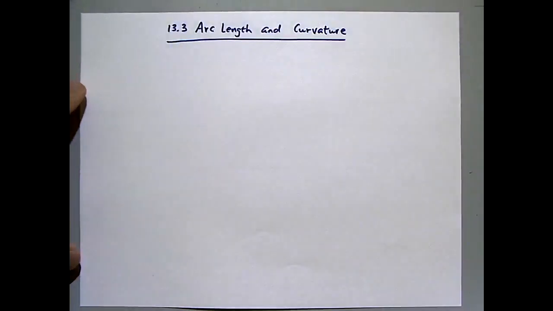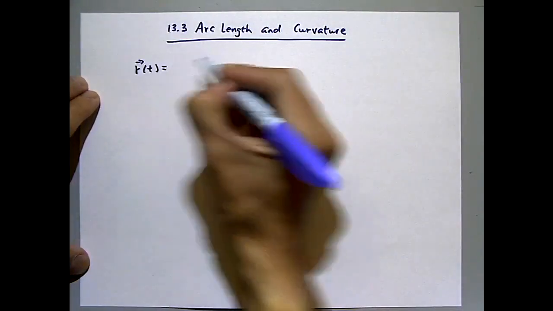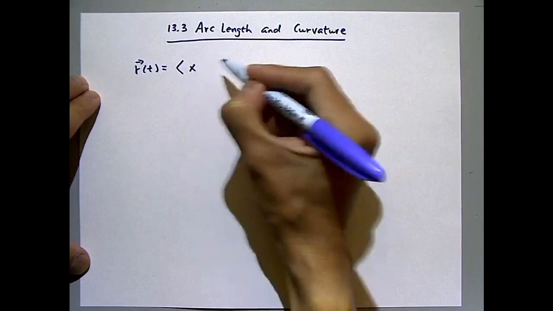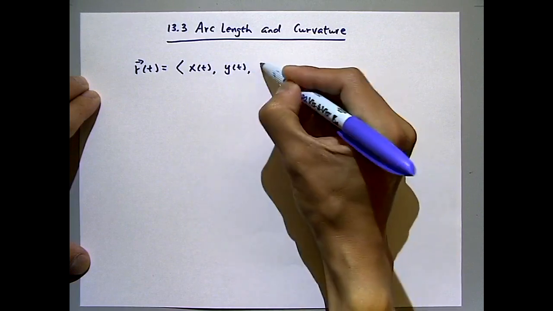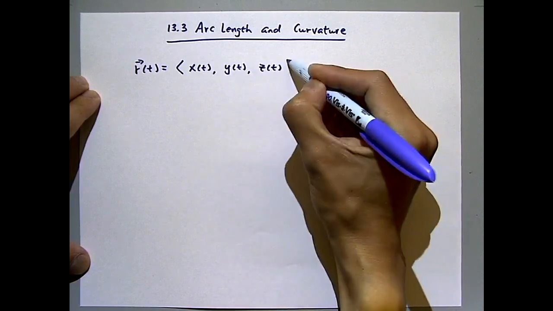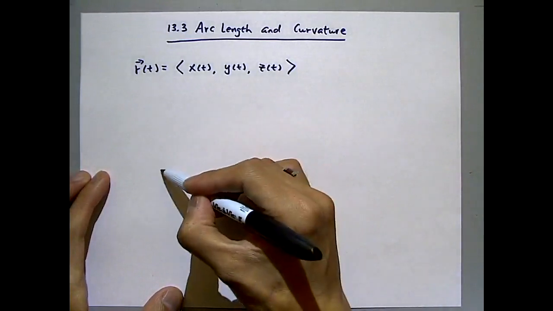Suppose you've got some vector valued function, r of t, is x of t, y of t, z of t, and these are functions of t in general. For simplicity, let's say it looks something like that.